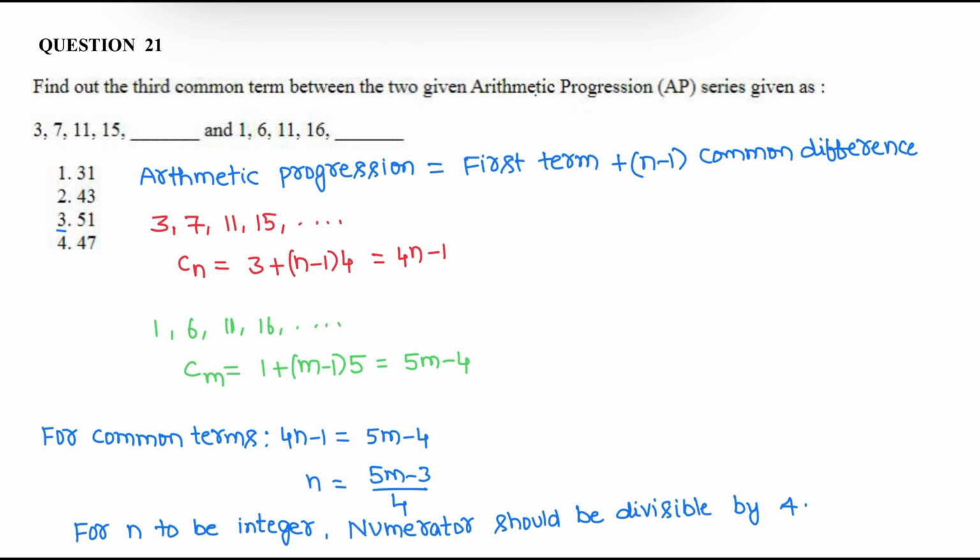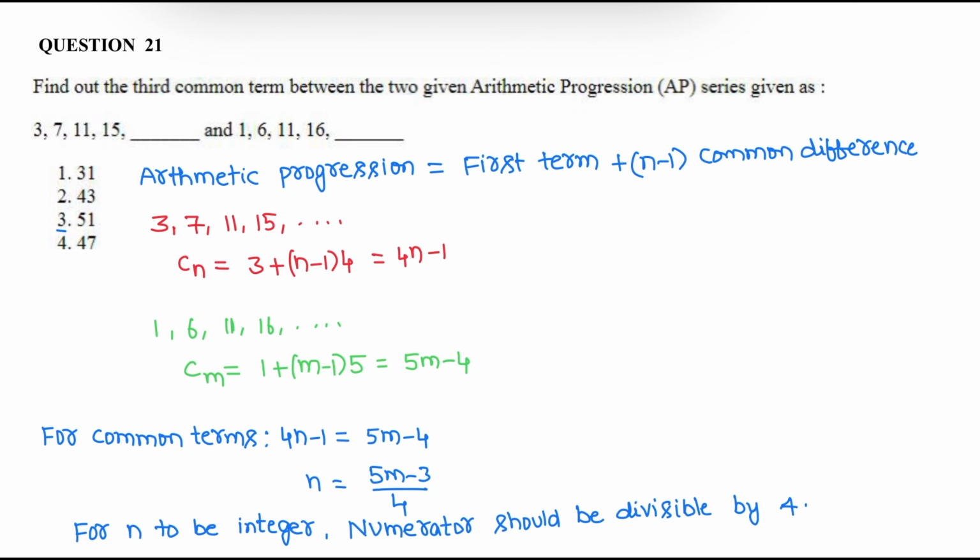Question number 21. Find out the third common term between two given arithmetic progression series: 3, 7, 11, 15, the first arithmetic progression, and 1, 6, 11, 16, the second arithmetic progression.